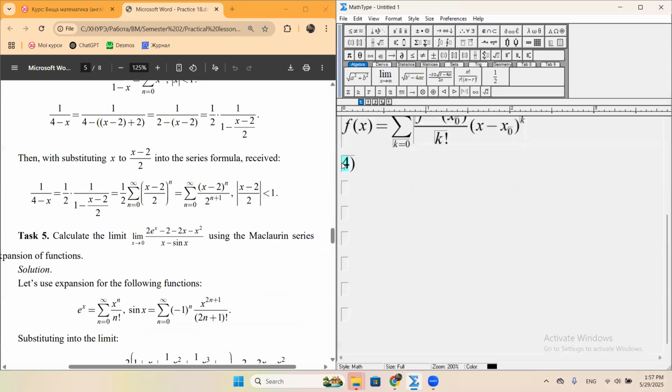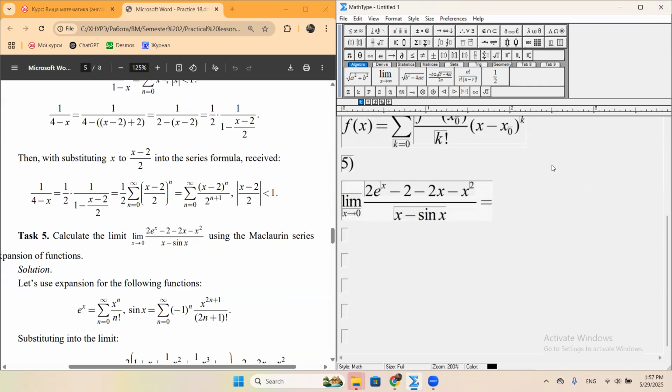So 5, only one limit. So we will have the following limit: x approaches 0 of (2e^x - 2 - 2x - x^2) over (x - sin x).